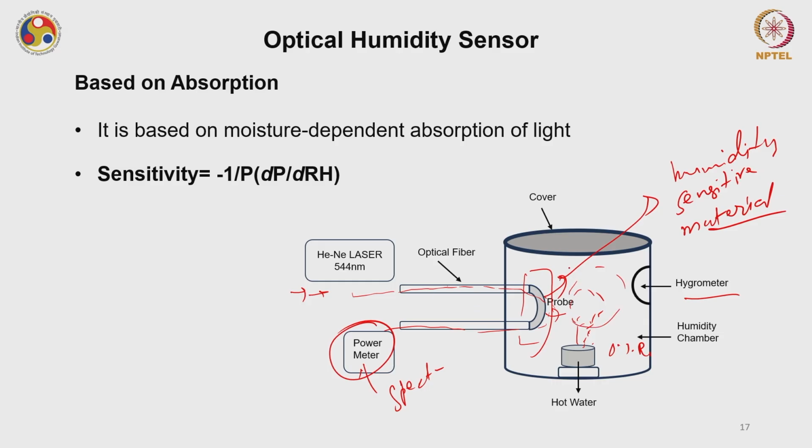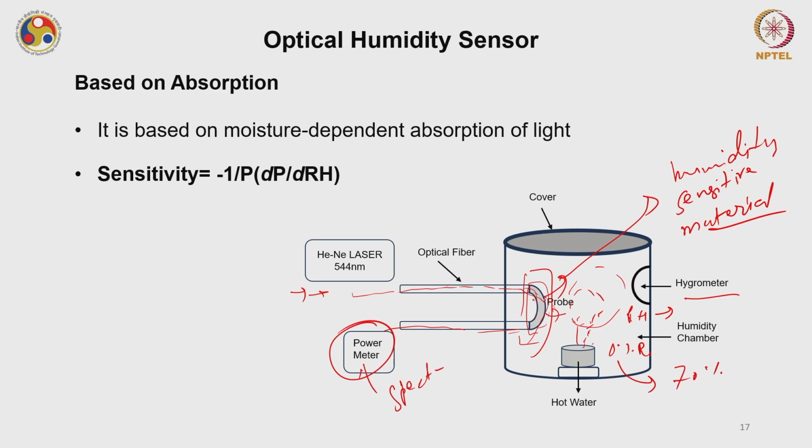Now when this chamber is populated with water molecules and the RH value in this chamber is increased by evaporating this water, say from 0% RH it goes to, say, 70% RH, this probe will swell, because this is a kind of polymer.